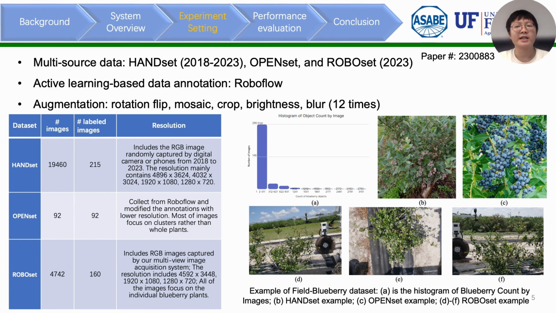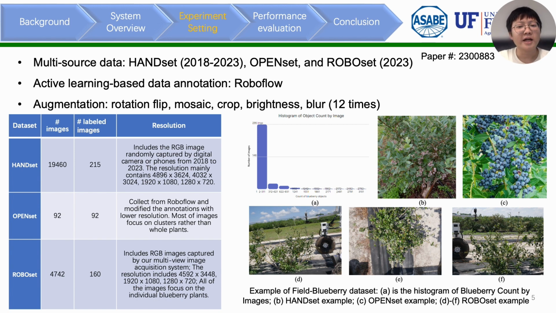In addition to the images we collected with the robot, we also include images collected with handheld equipment from 2018 to 2023. Also, we collected several open-source annotated images from Roboflow, an online web-based annotation tool. The blueberry annotation is extremely time-consuming. Most of the images contain over 200 blueberries. Although we use the AI-assisted annotation tools, modifying the labels still takes about 120 hours.